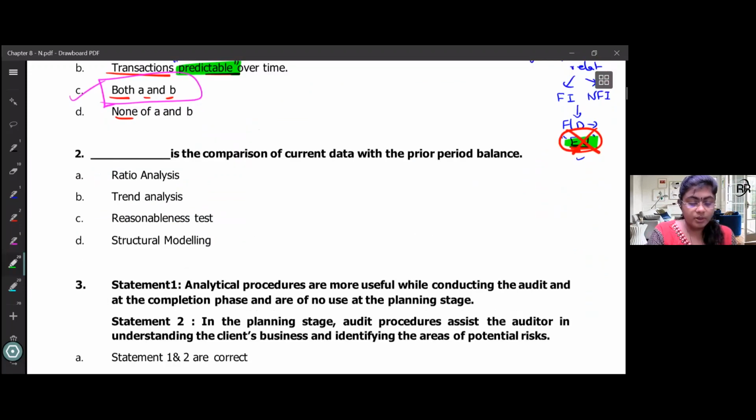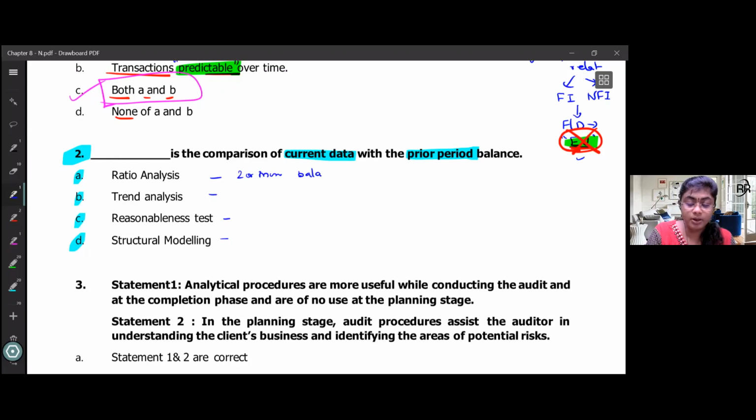Second one. Dash is the comparison of current data with the prior period balance. See, 4 types of analytical procedures are there. Ratio analysis, trend analysis, reasonableness test, structural modeling. Ratio analysis, you compare 2 or more balances.